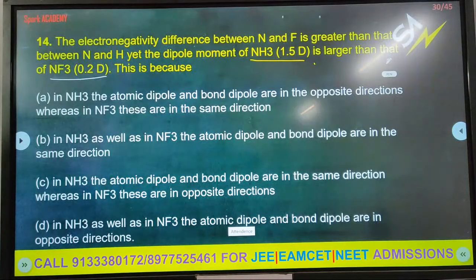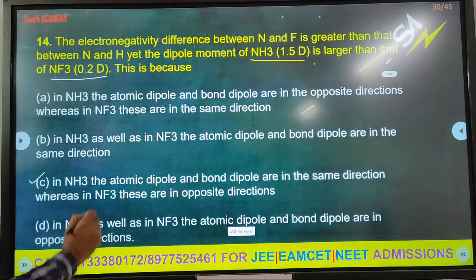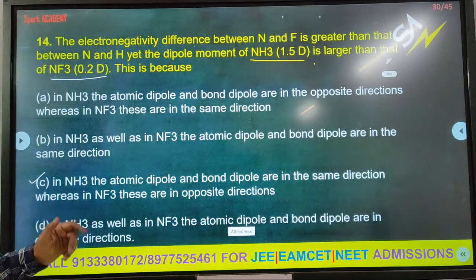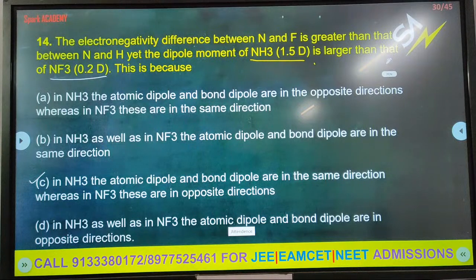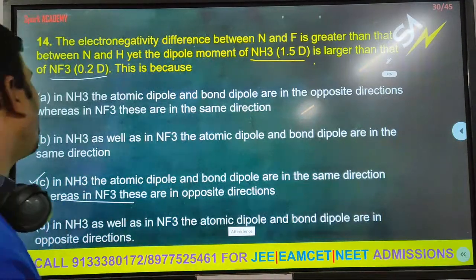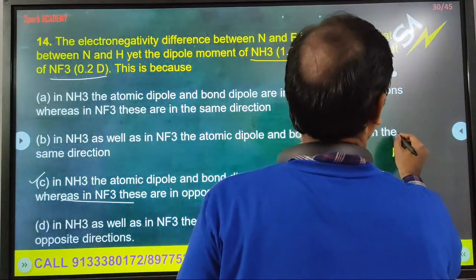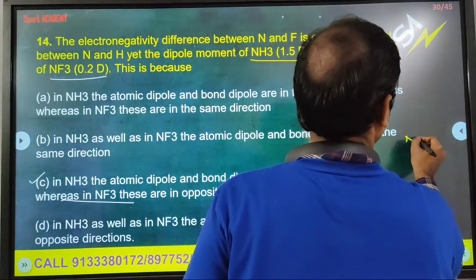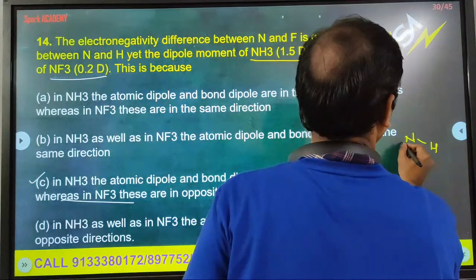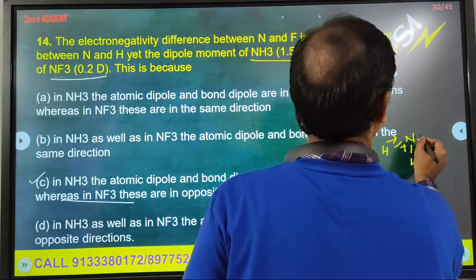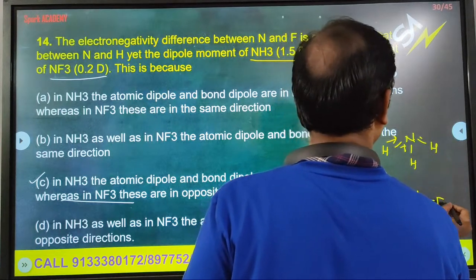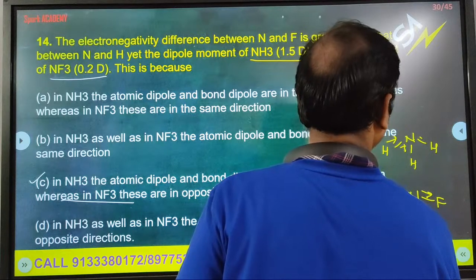For question number 14, we say the answer is C. In NH3, the atomic dipole and bond dipole are in the same direction. But in the case of NF3, they are opposite. How? I just showed you. In NH3 the bond dipole goes toward nitrogen, but in NF3 it goes toward the fluorine side.